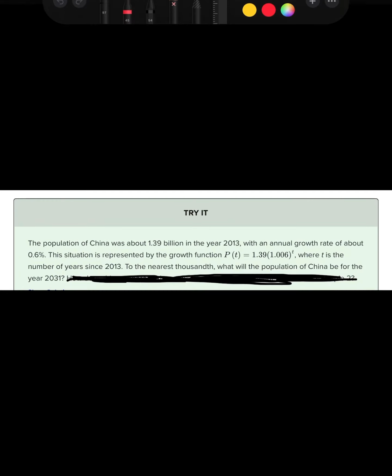Let's go through what they're working with. Here you can see our b is 1.006. That's our b value, and that's coming from the percentage. We also have this a value, 1.39, that's our initial starting population.